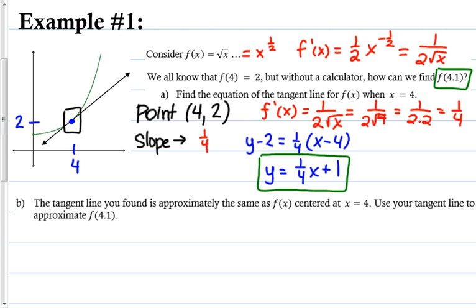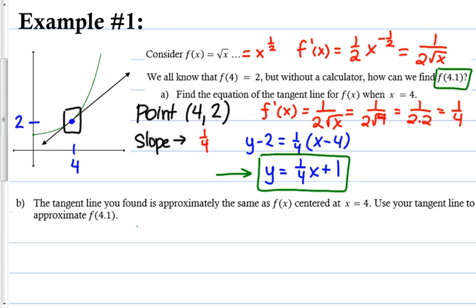What that's saying is that the values I get out of that equation will be really, really close to whatever value is on my function, the green curve, as long as the number is near x equals 4. And 4.1 is pretty close. So use your tangent line to approximate f of 4.1.